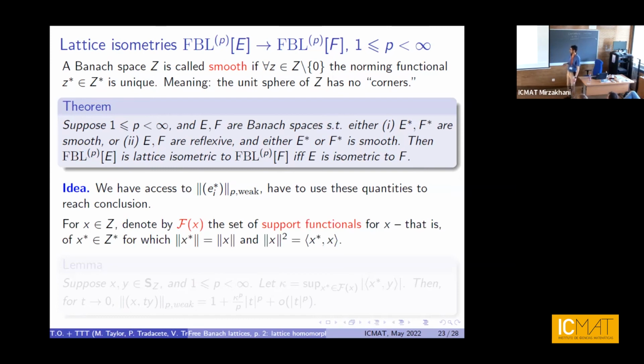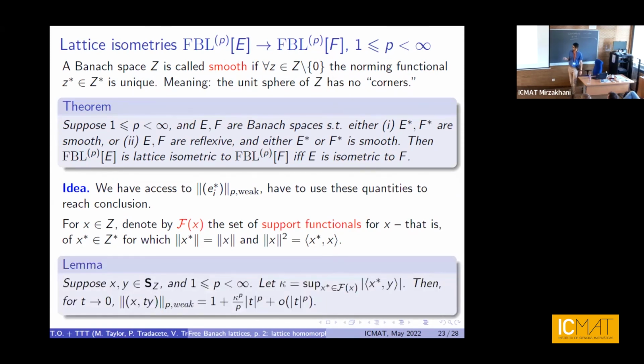So what do we see here? In general, if we have a vector x in the Banach space, we denote the set of supporting functionals of it by f of x. It turns out that we can describe the asymptotic behavior of the p-weak norm of the pair x, ty, as t approaches 0.